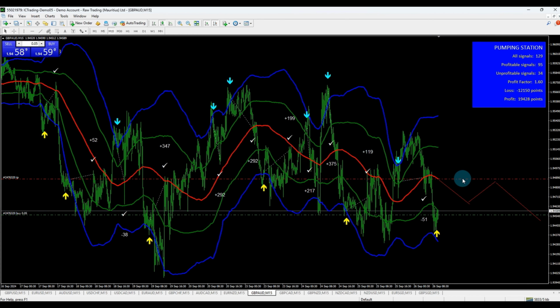The system gives us almost certainly 95% profitable signals. However, we are 100% sure that the quotes will reach this curve sooner or later, because it represents the average value of this asset over a particular duration of time, in this particular case, over the last 100 bars.